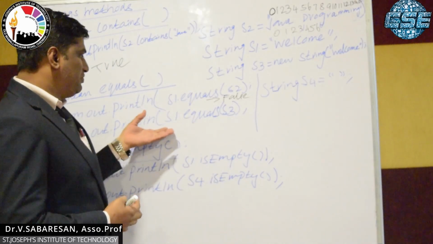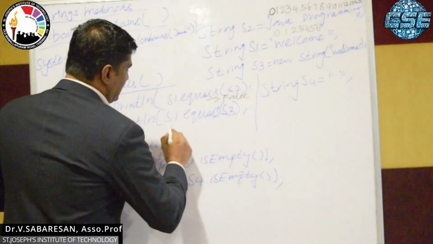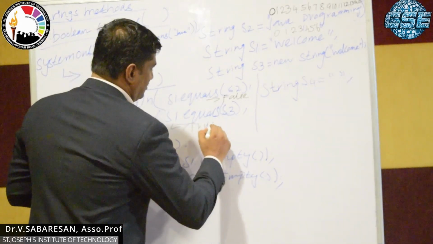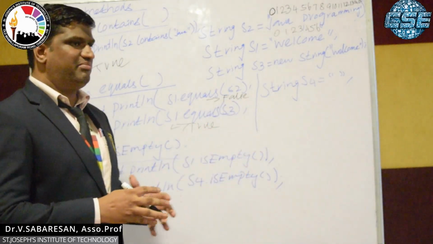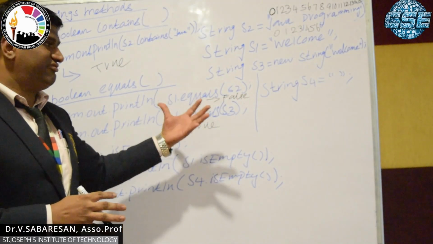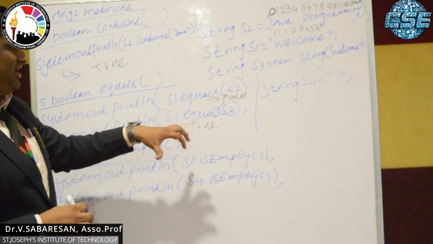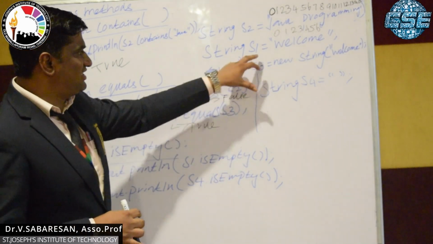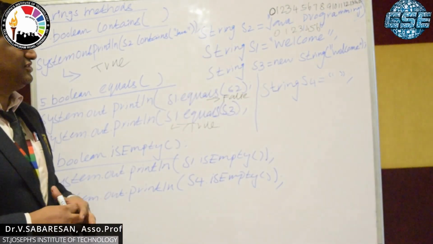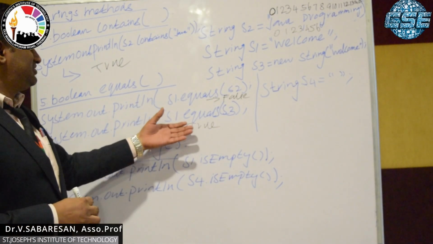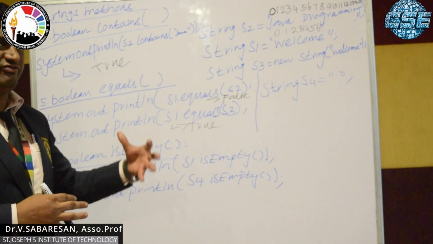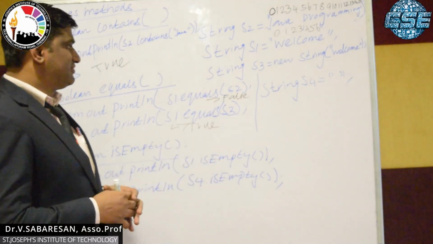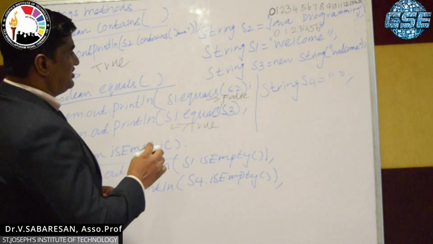Now the value returned here is true. Why? Because the equals method compares the values instead of the memory location. That's why s1 and s3 have the same value, but they are stored in different memory locations. The equals method does not bother about memory locations, only taking care of the values. Now again, let's check one more thing here.